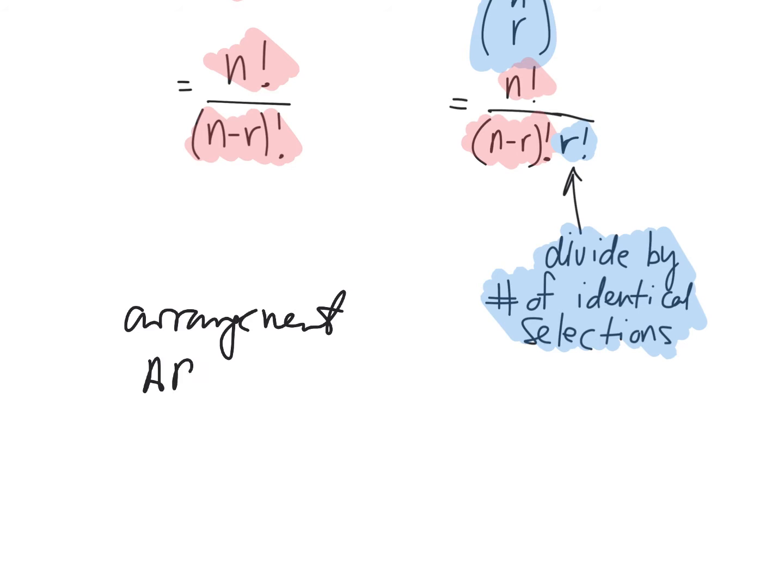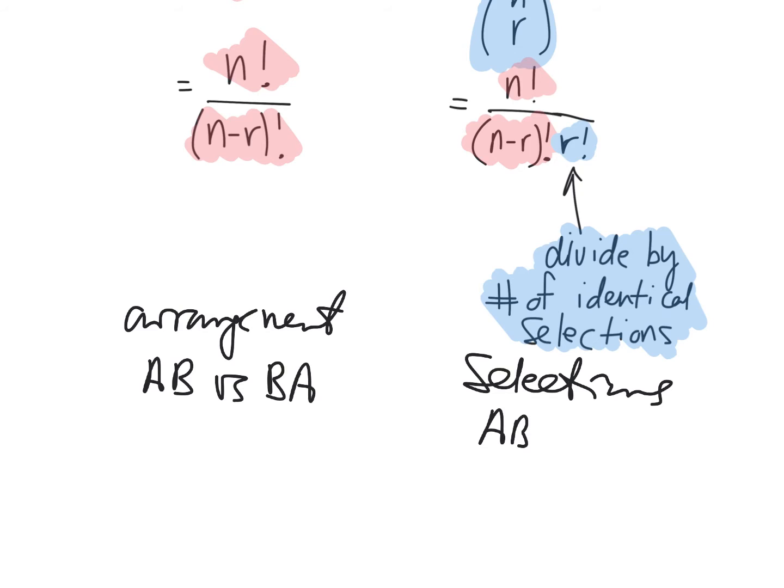So AB is different than BA. But on the combination side, you're thinking of selections, where AB is the same as BA. So where AB and BA would lead to a count of 2 on the permutation side, on the combination or selection side that leads to a count of 1 because they're the same selection.